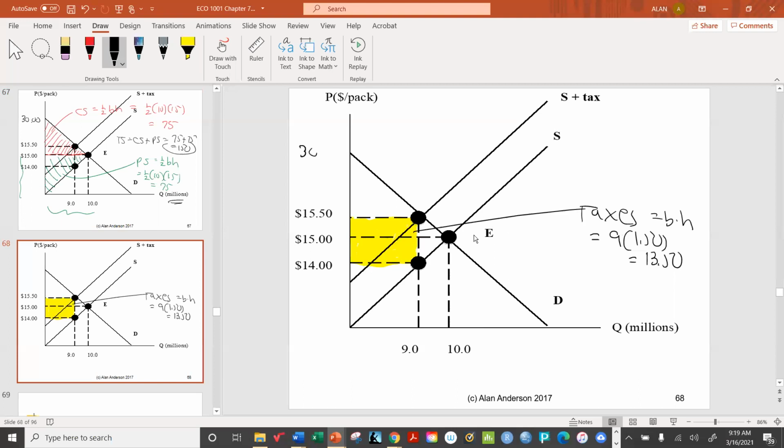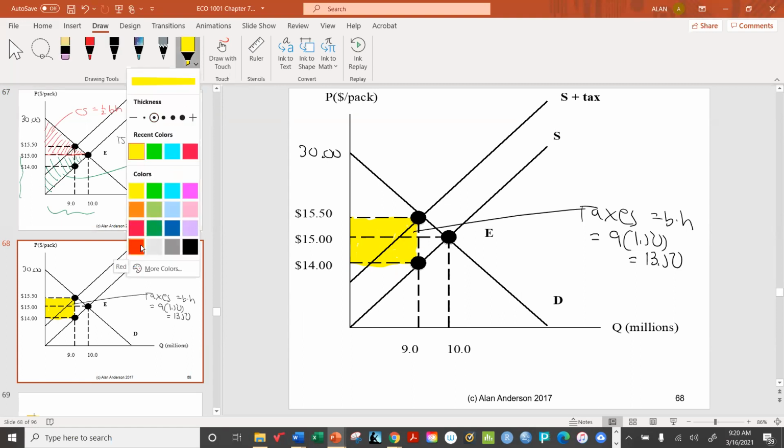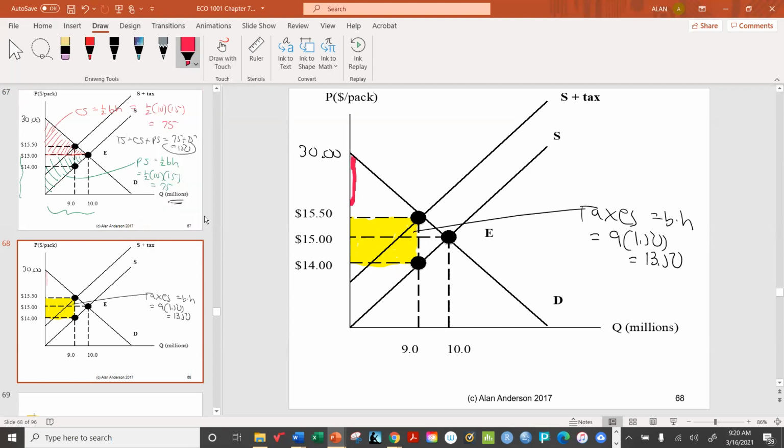Now, here we have $30. The new consumer surplus, let's make that pink. Oh, this is kind of cool, this coloring. I kind of like that. Ooh, that looks nice.